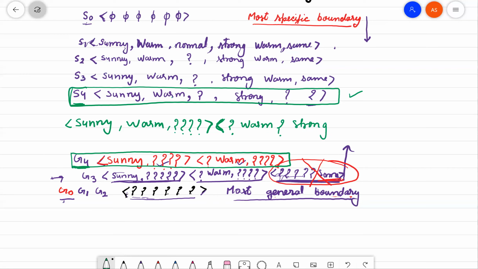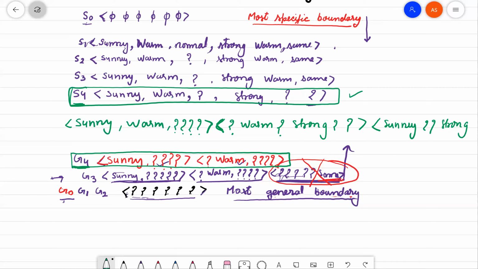Here warm and strong will remain the same, and the remaining are question marks, suppose. Next, we can also say sunny, strong.